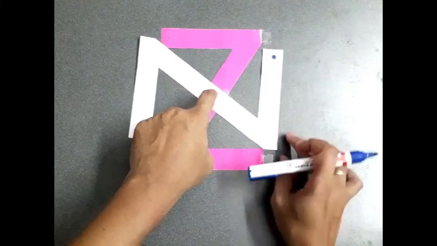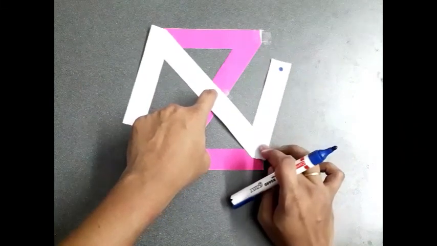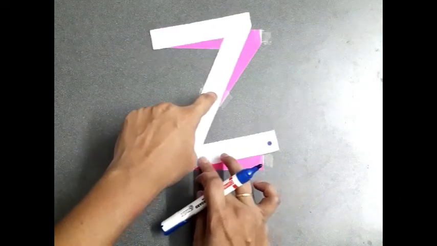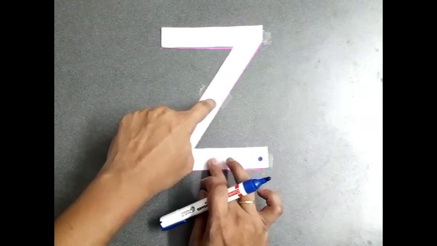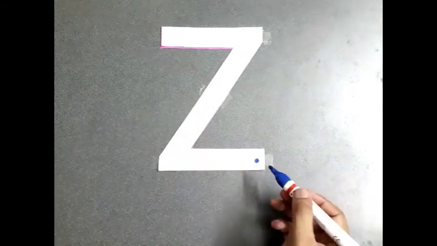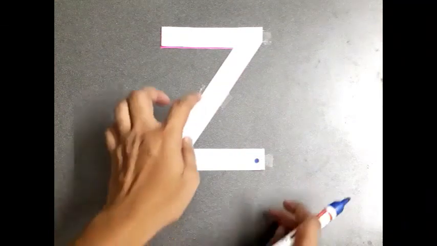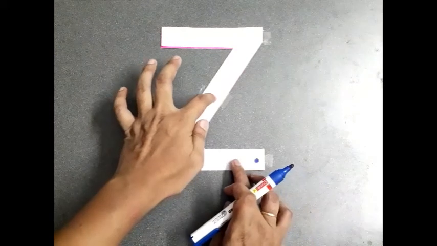Observe. It's very clear that when we came here, there is a match with the original figure. So let us continue the process. It matched one time. I am continuing the rotation.